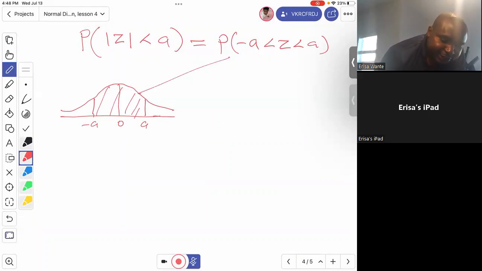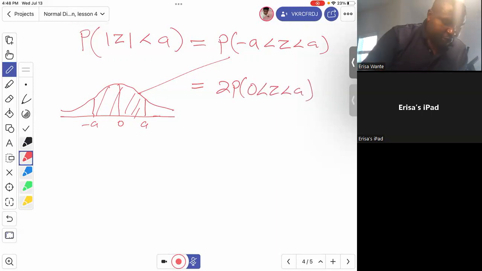And this area will be exactly equal to twice the probability between 0 less than Z less than A. Because we can use the standard normal curve to read this area on the positive side. But this other area on the negative side from negative A to 0 is exactly the same as 0 to A. So we just double the area on the positive side, and that is it, okay?